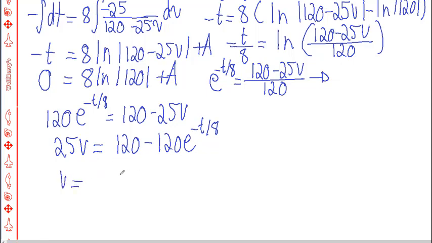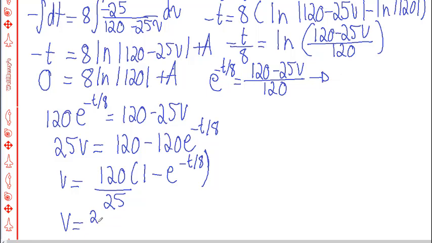So that makes 1 minus e to the minus t over 8. Just factorizing this basically. And don't forget to divide by 25. 120 divided by 25 is 24 over 5. So v equals 24 over 5 times (1 minus e to the minus t over 8).